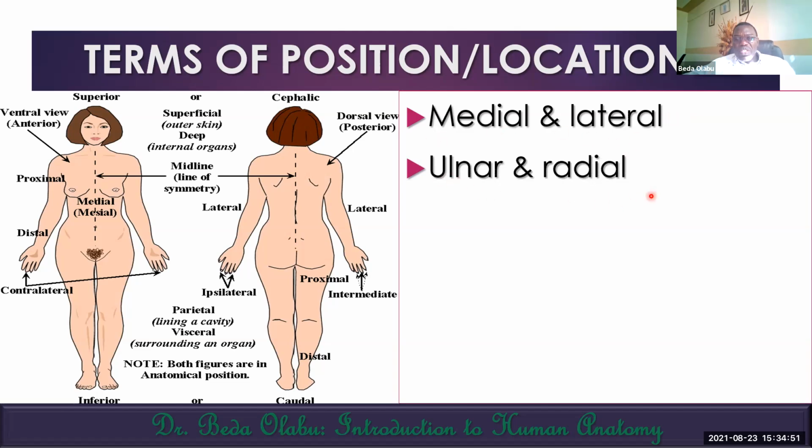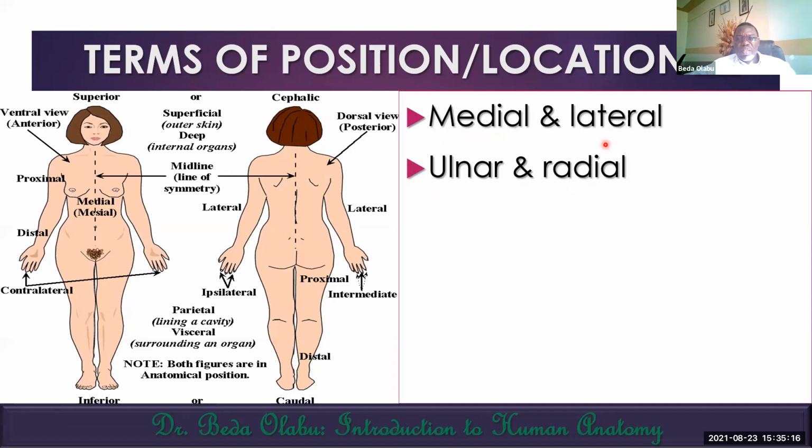When we are in the region of the upper limb, we can use these terminologies to mean medial and lateral. The term ulnar means medial, and the term radial means lateral. Remember, we commonly use these ones within the region of the upper limb.